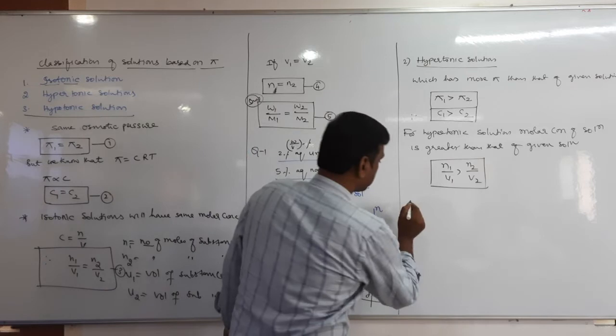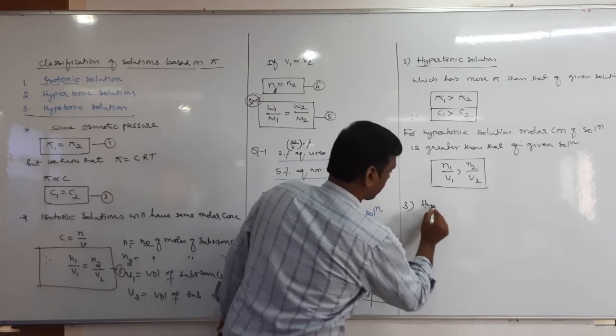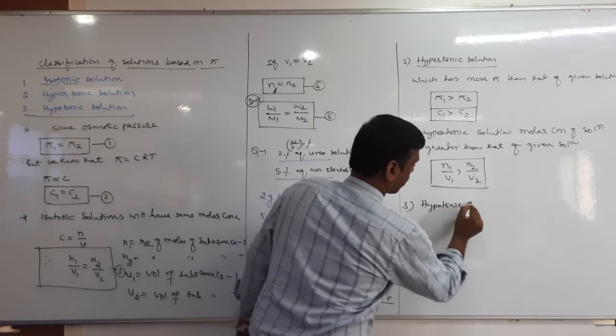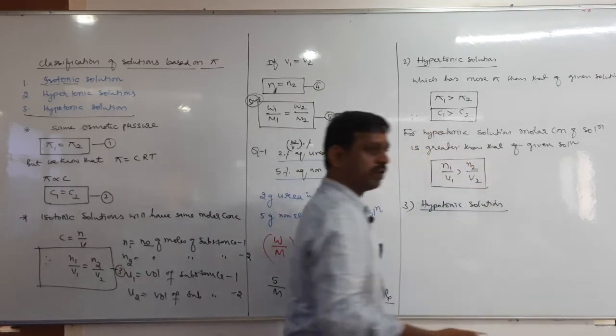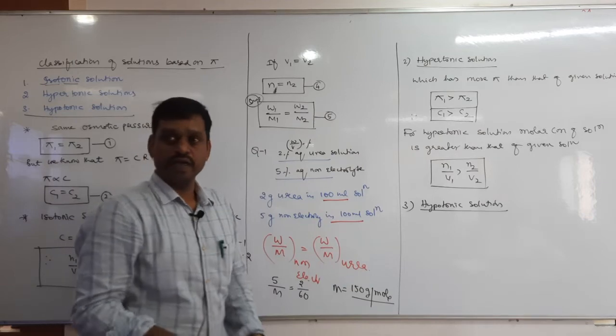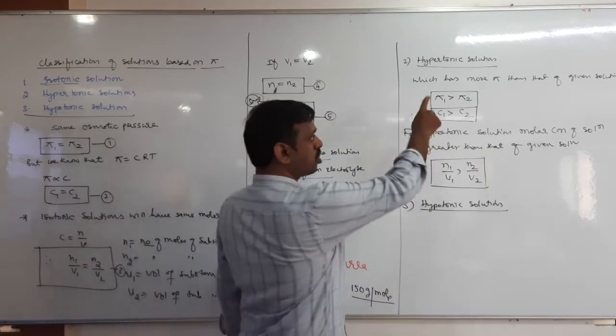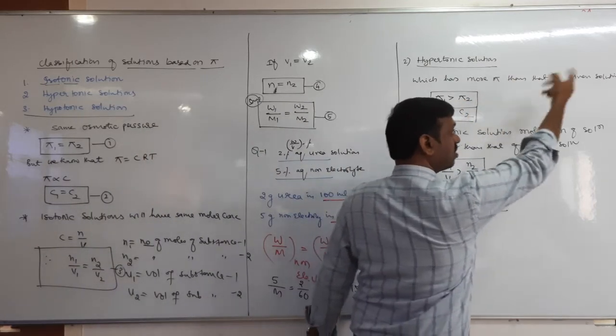Next, the third one is hypotonic solution. Hypo means less, right? It is opposite to hypertonic. In case of hypertonic, the solution has more osmotic pressure than that of the given solution.